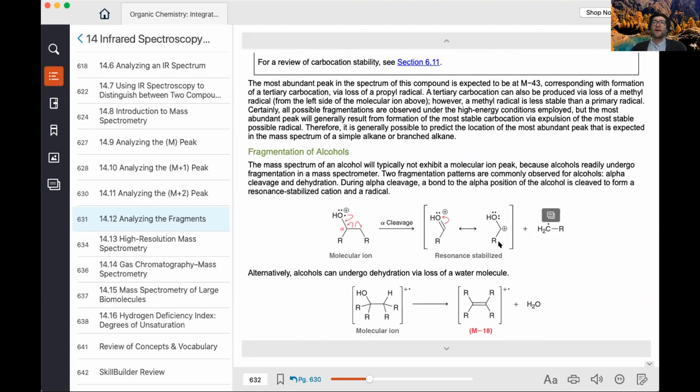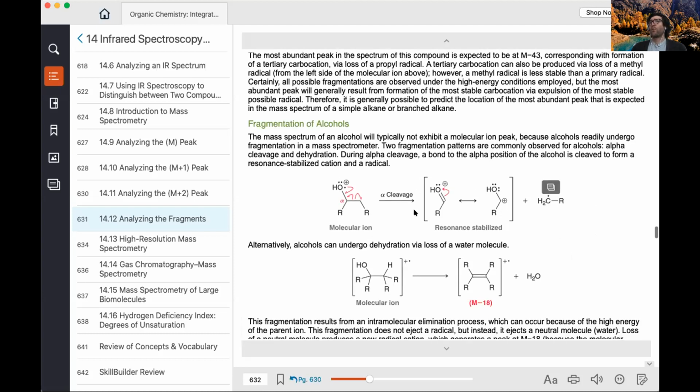So you make this molecule or this one, both are charged, so it doesn't matter, plus the alkyl radical that you don't see in the mass spectrometer because it has no charge. You only see charged species in the mass spectrometer. So with the resonance stabilized carbocation or oxonium positive ion there, probably it's going to be the carbocation, you can detect this molecule, which is typically the parent ion minus this group.